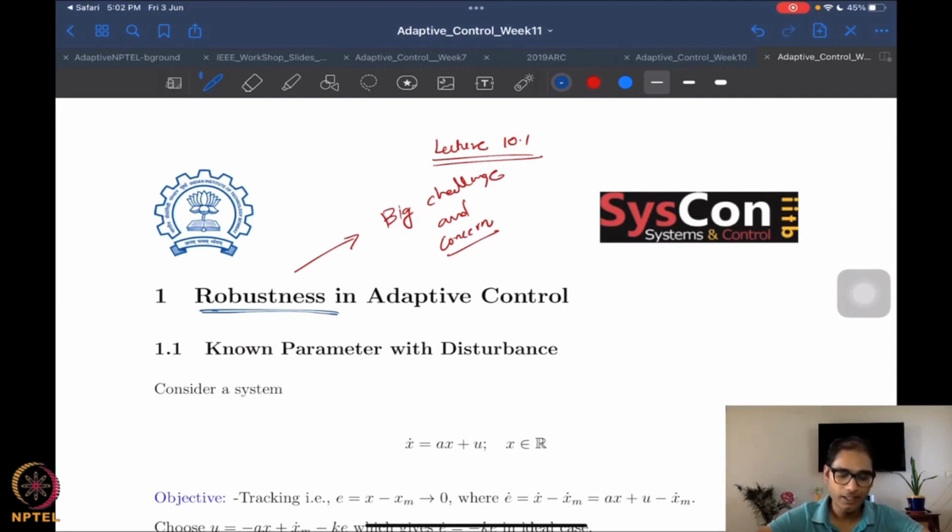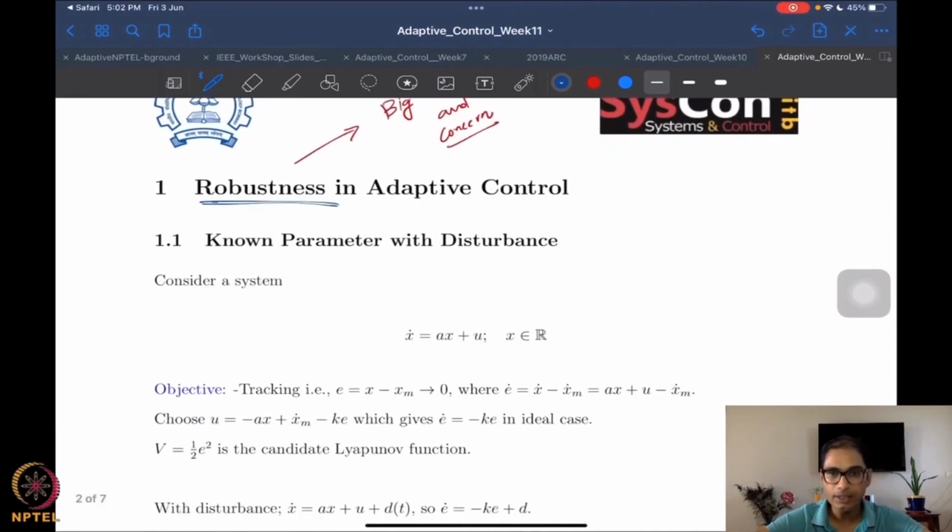So what we want to look at are systems with disturbance. This is very realistic, right? Any real dynamical system has external disturbance. For example, if you have an airplane that's flying, you have wind disturbance. That's one of the simplest possible disturbances.